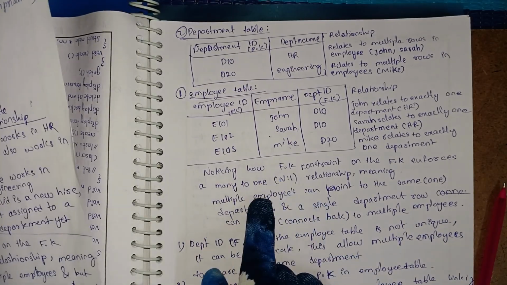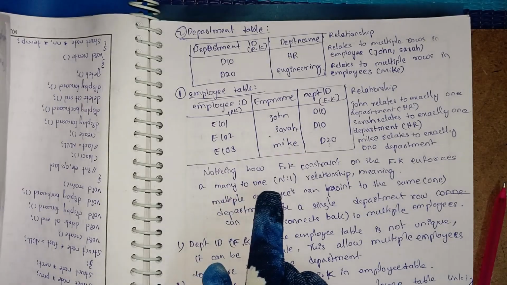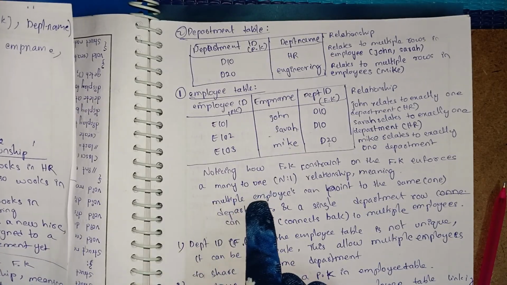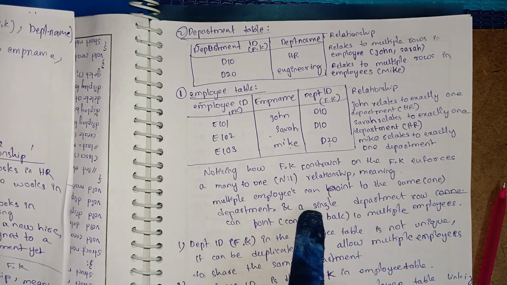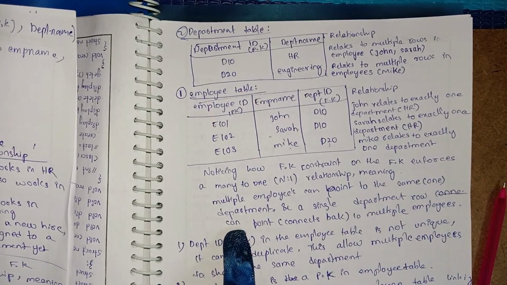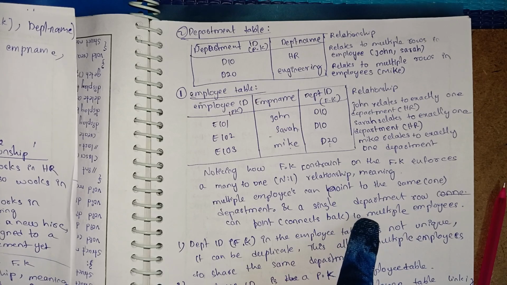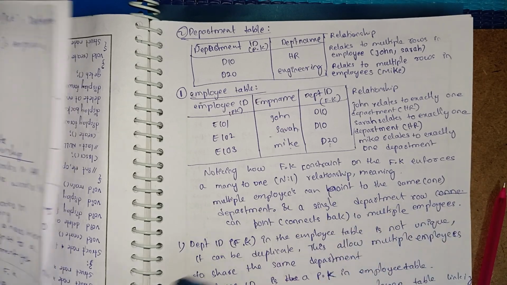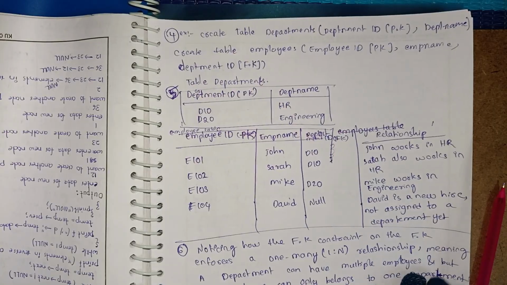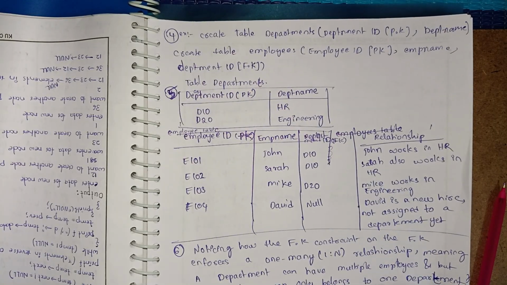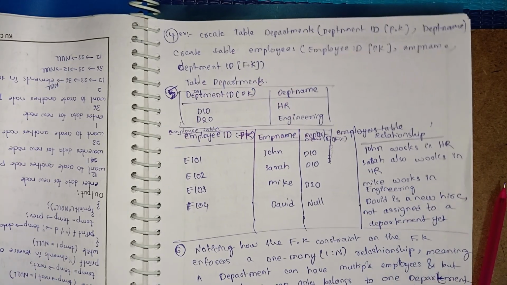If we observe here, in the many to one, multiple employees can point to the same department, and a single department row can point back to multiple employees. In the one to many, a department can have multiple employees, but an employee can only belong to one department.